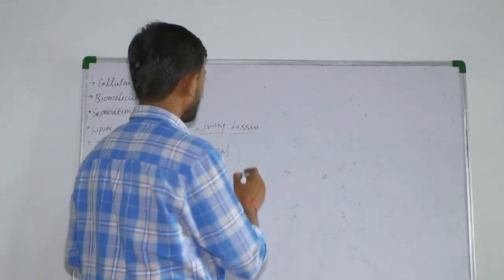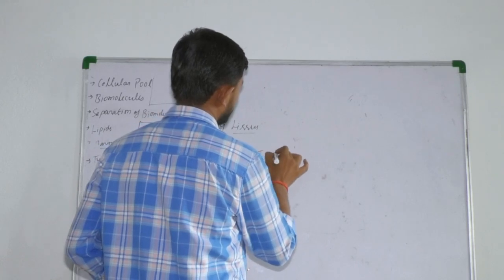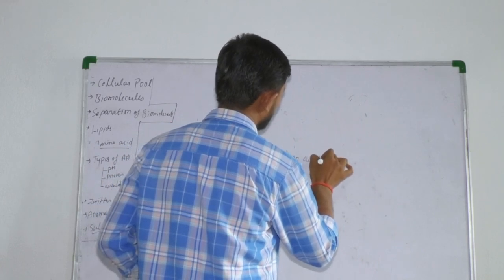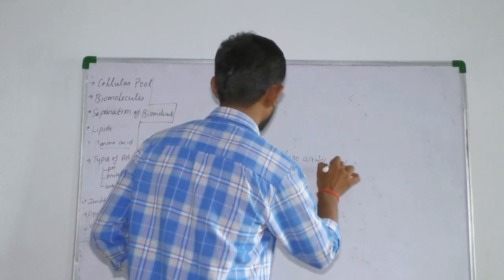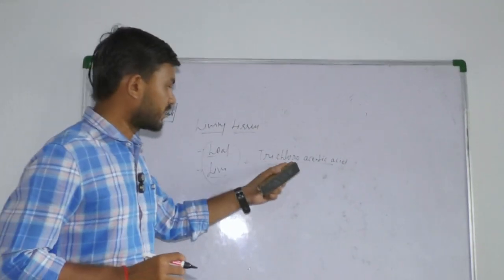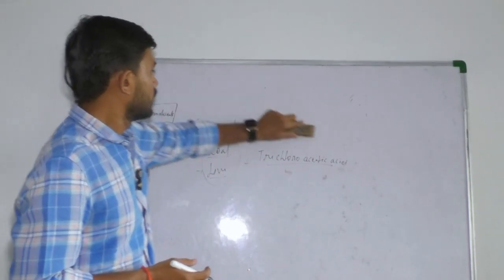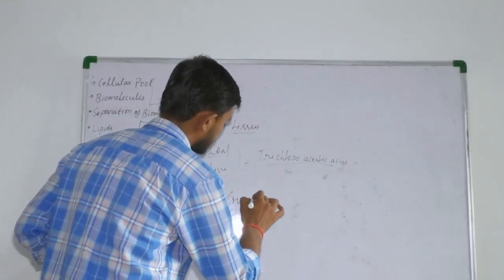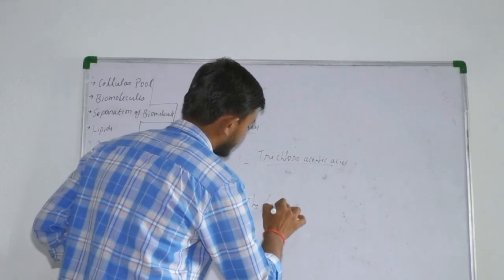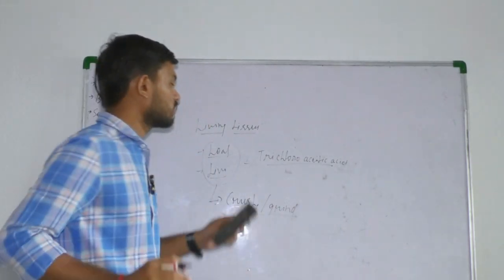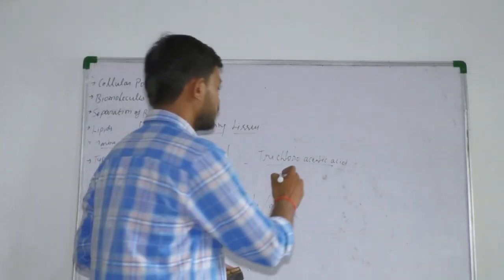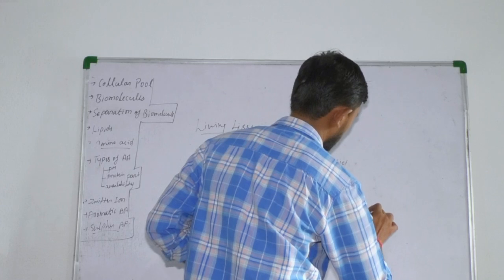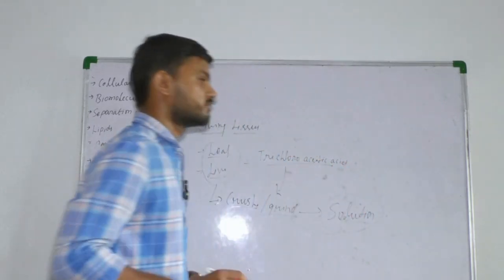We take a living tissue and trichloroacetic acid, and we crush or grind this living tissue into the trichloroacetic acid, and we get a solution.